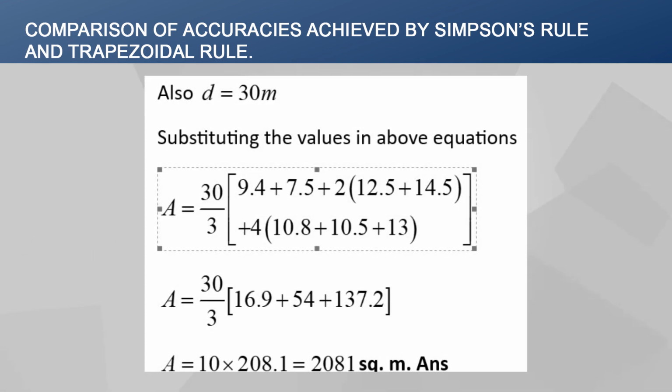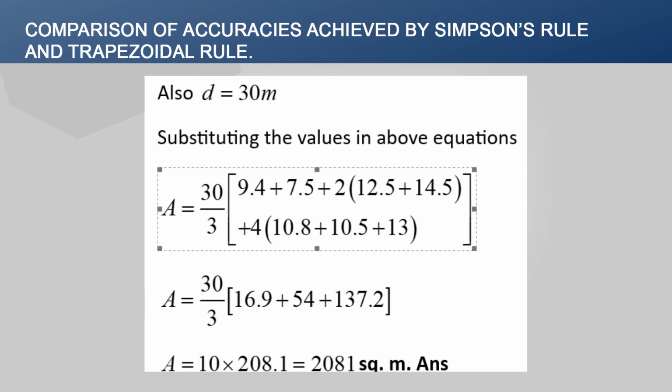So, the first offset is 9.4, last offset is 7.5, remaining odd offsets will be O3 12.5, O5 14.5, remaining even offsets or ordinates will be O2 10.8, O4 10.5, O6 13.